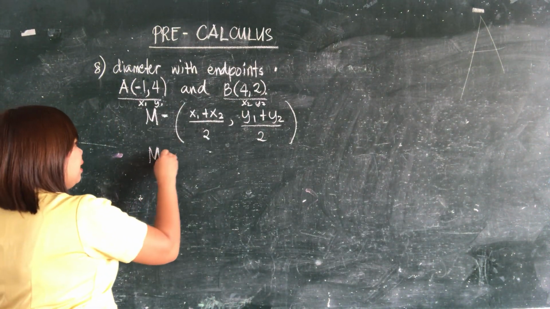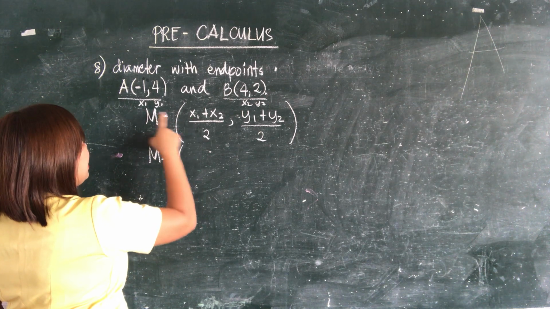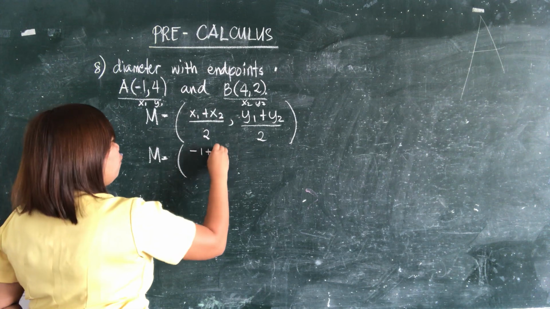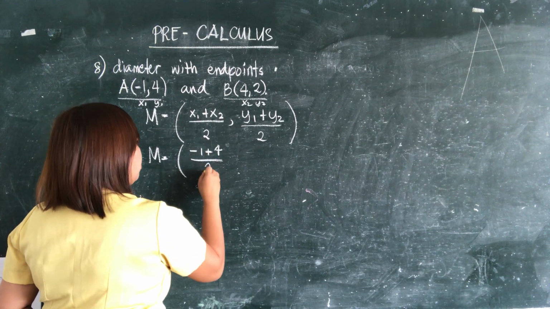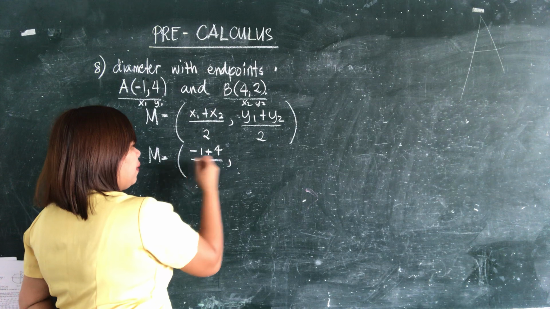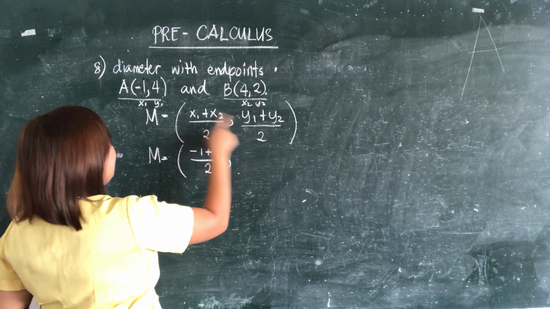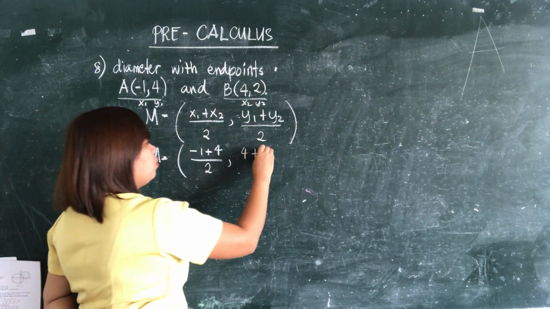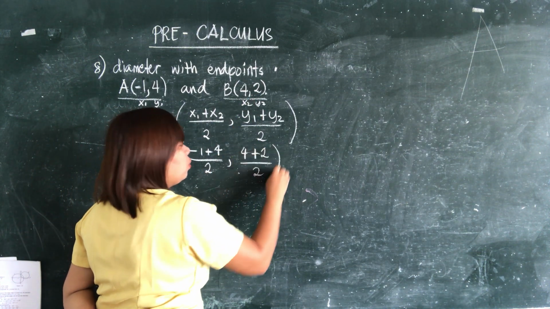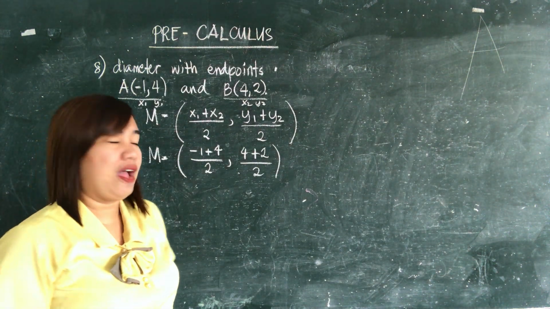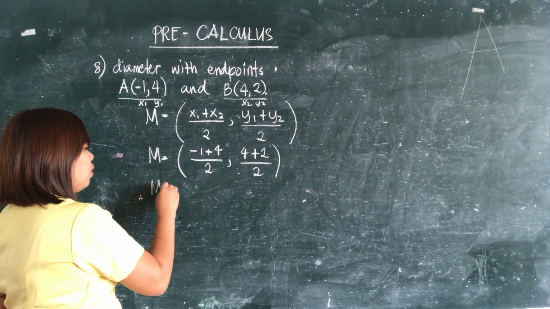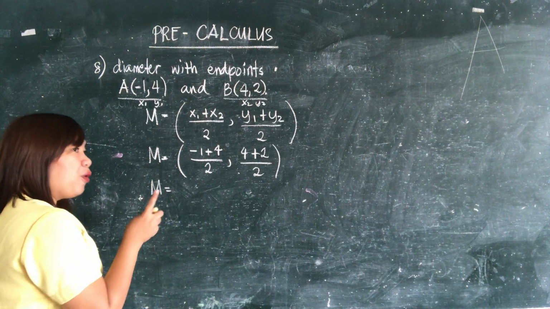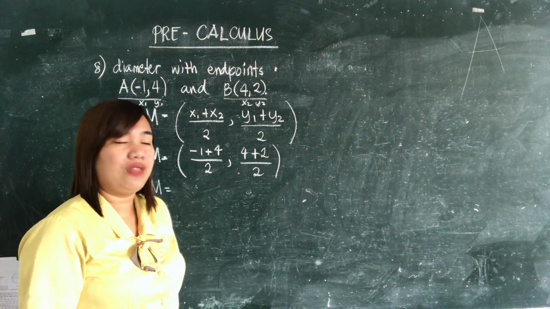So midpoint equals your x sub 1 is -1 plus your x sub 2 is 4 divided by, constant yung 2 natin, divided by 2, comma, your y sub 1 is 4 plus your y sub 2 is 2 divided by 2. Then we're going to simplify. After you get the midpoint, that point will serve as your center of the circle.